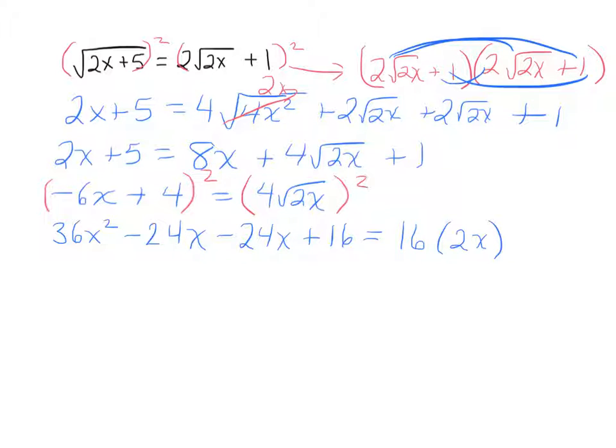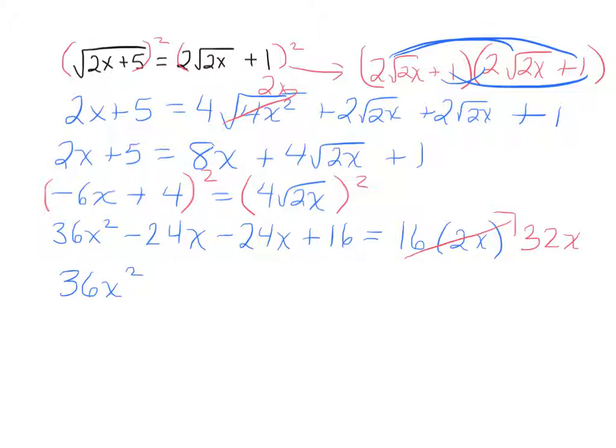Now it's a quadratic equation, so I'm going to be able to solve it. It just still needs a little bit of work. This is actually, if I multiply it out, that goes to 32x. So we'll do 36x squared.